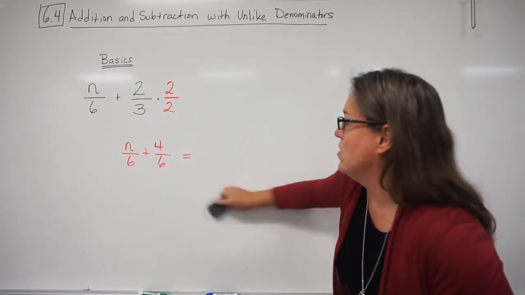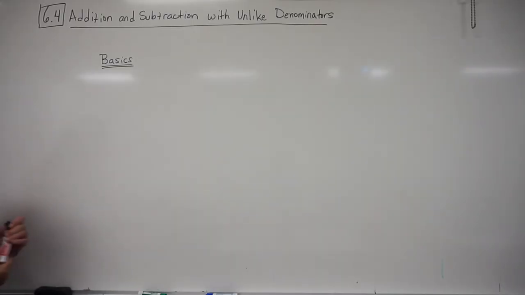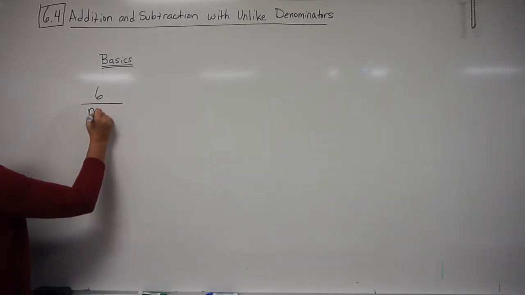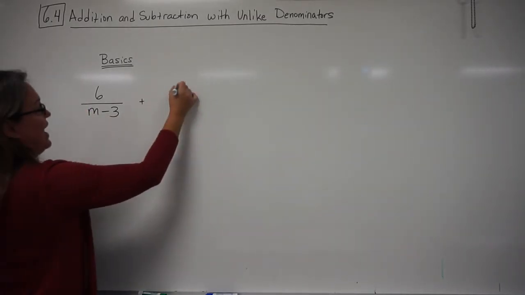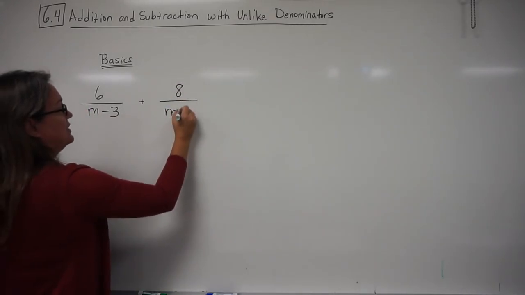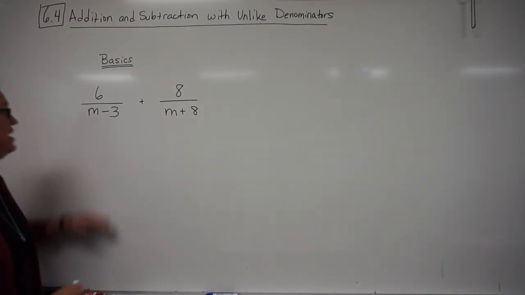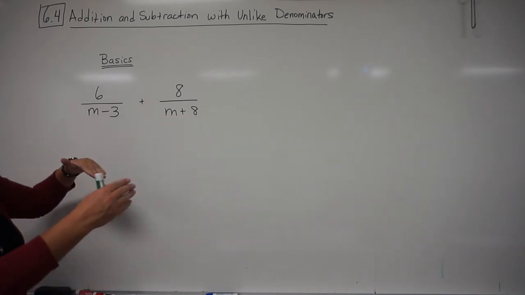So moving on to our next example, we have 6 over m minus 3, and we're going to add that to 8 over m plus 8. Now, I don't see anything that will go into both of these denominators.